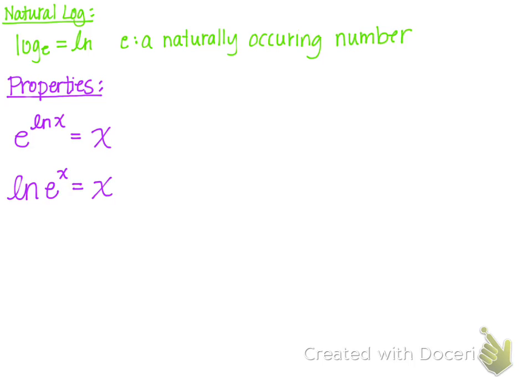Okay, we also have these properties. If you have an e to the power of natural log of x, these kind of cancel out and you're left with the x. And if you take a natural log of e to the x would be what was left because you bring it into the front. And the natural log of e is just 1. Now, we're going to use these properties to solve equations.